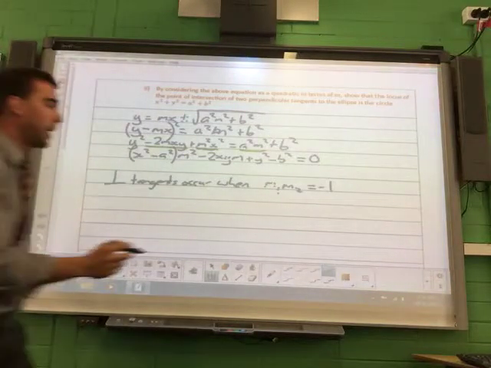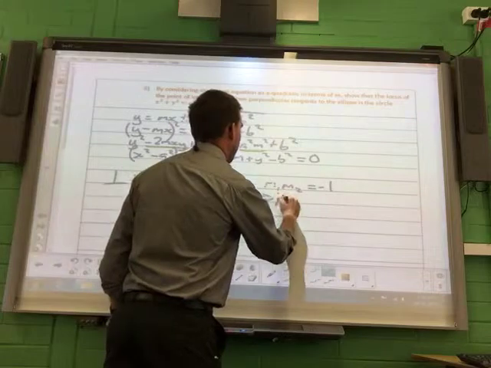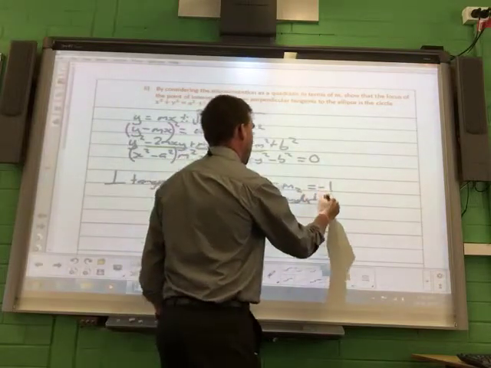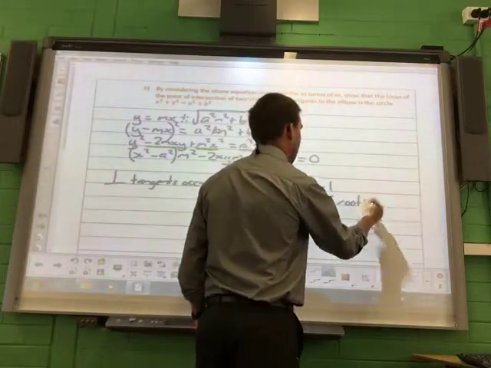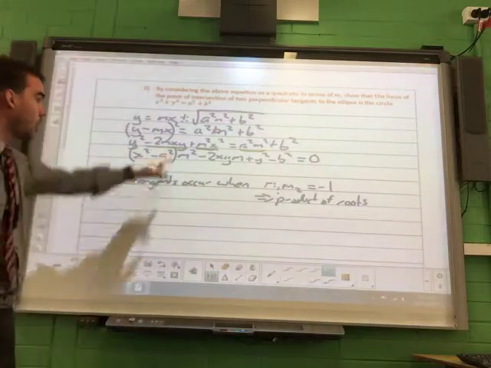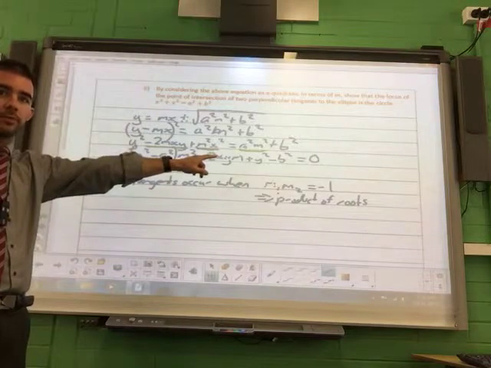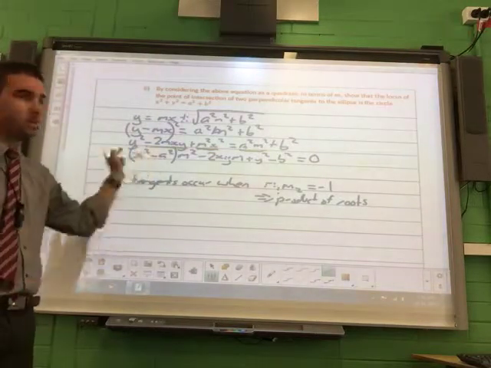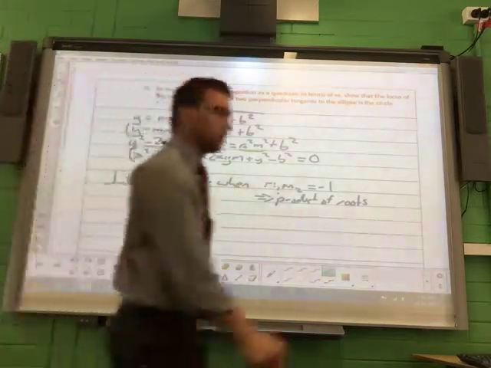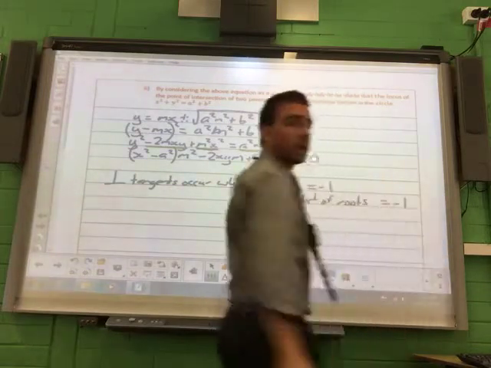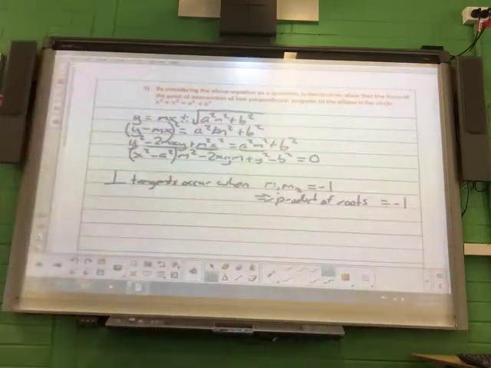So in this quadratic, this implies that the product of roots, when we solve for m and multiply the two roots together, is going to be -1 for the two tangents to be perpendicular. This must equal -1 for this to work.